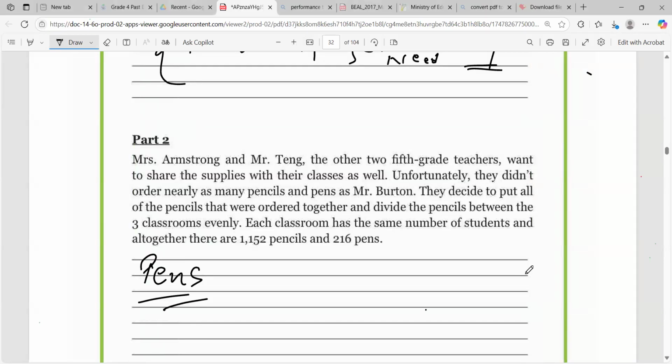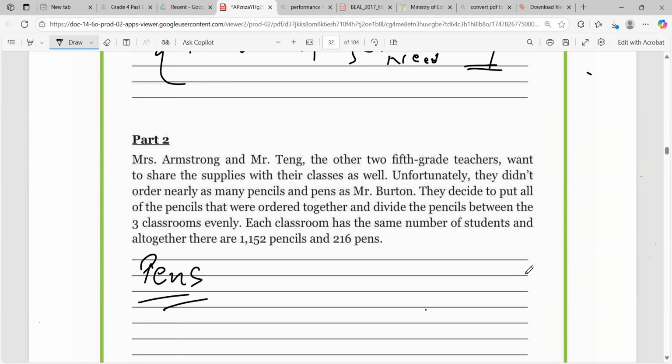Part 2. Mrs. Armstrong and Mr. Teng, the other 2 5th grade teachers, want to share supplies with their classes as well. Unfortunately, they didn't order nearly as many pencils and pens as Mr. Burton.